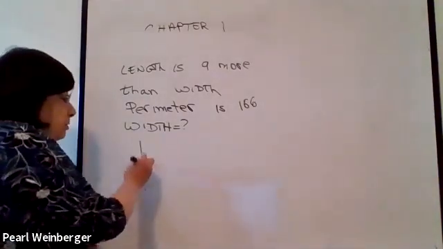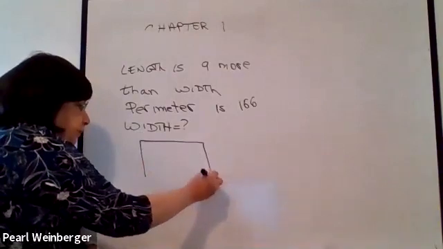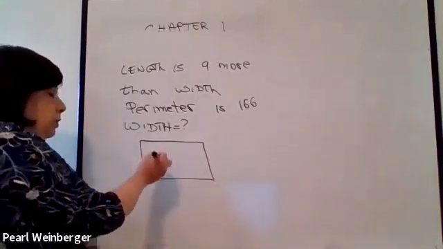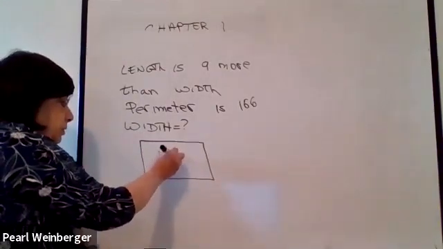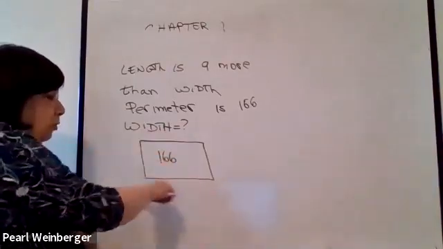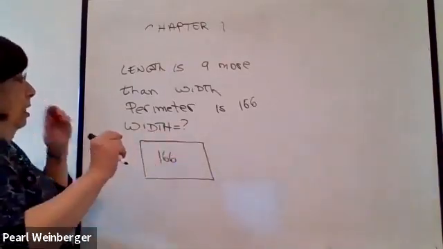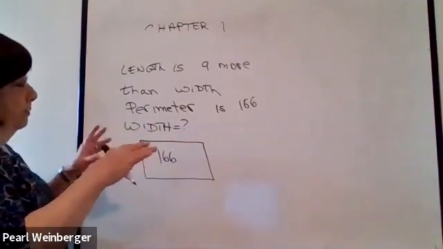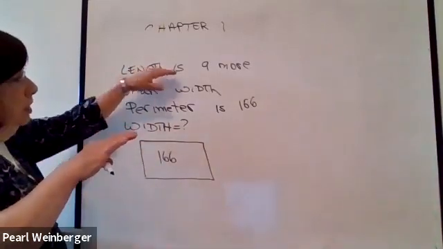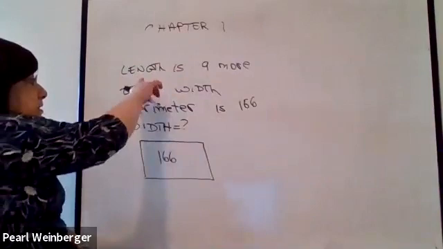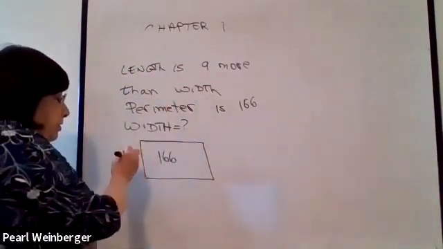Now, I like to do this by drawing a picture. We're told that the whole perimeter is 166. That's everything all around. Let's label our sides in terms of x. Since the length is 9 more than the width, here's my width.